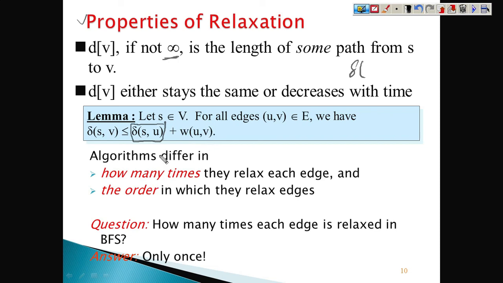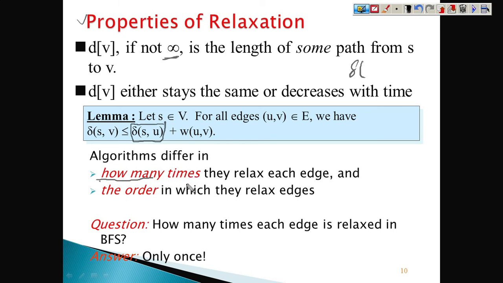Now, we have many different algorithms for finding the shortest path, and the basic difference between them is how they use this relaxation procedure and how many times they relax each edge. Only this brings a difference in their approach, and the steps will be different to reach the solution. There are two fundamental things you will observe: how many times they relax each edge, and the order in which they relax the edges.